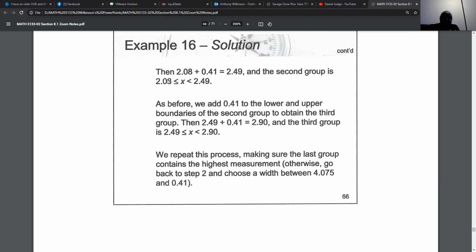So 2.08 plus 0.41 is 2.49, and 2.49 plus 0.41 is 2.90. This is what the third group looks like: less than or equal to on the left, and strictly less than on the right side. We just repeat that process, making sure the last group contains the highest measurement.